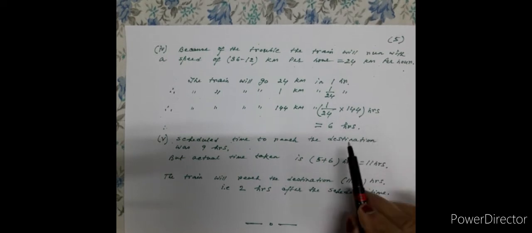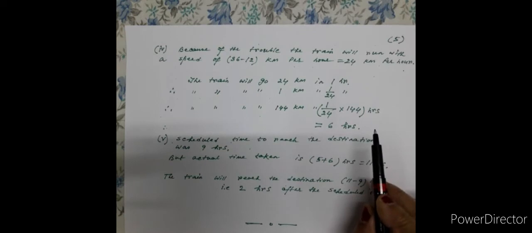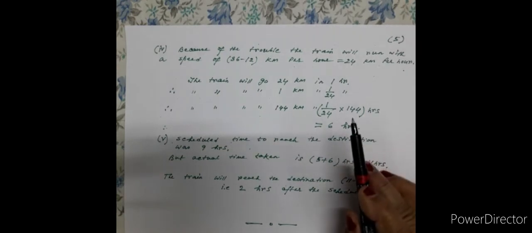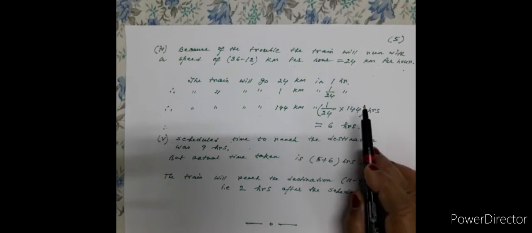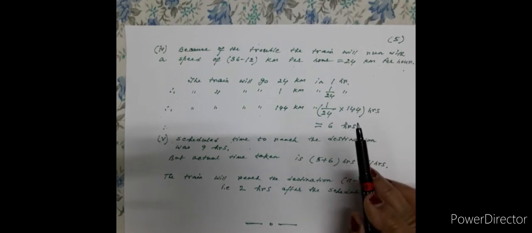The train covers 144 kilometers in 6 hours. So, previously, before the problem developed, the train took 5 hours. Now it takes 6 hours. The total, 5 plus 6, is equal to 11 hours.